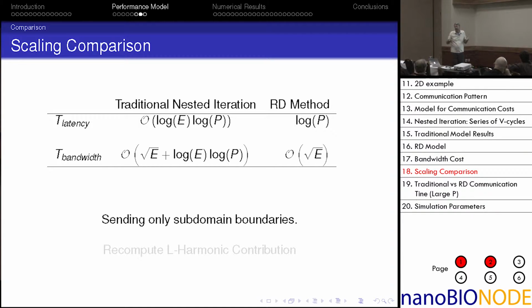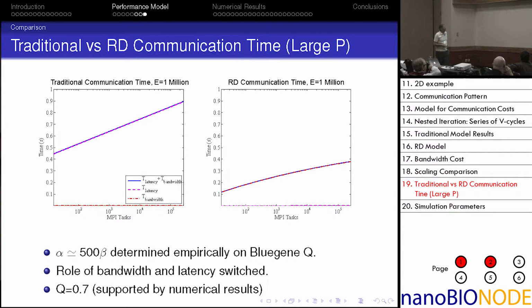Because then he can redo it. I mean, flops are free. Right? So he can redo it because then he has the boundary with the 0 right-hand side. It's what we call an L-harmonic contribution. So we can get down to these kinds of numbers here. So you see it's a little bit less communication.